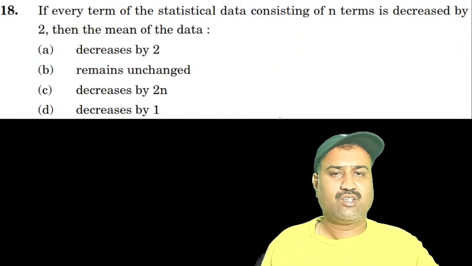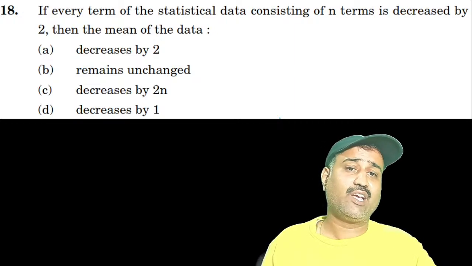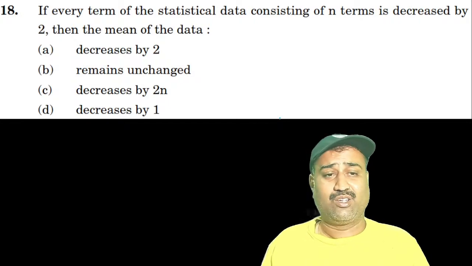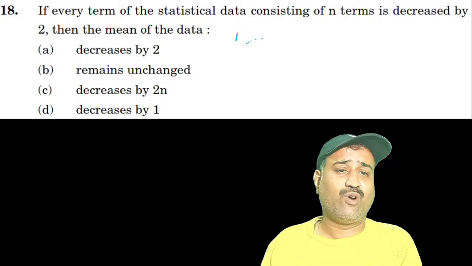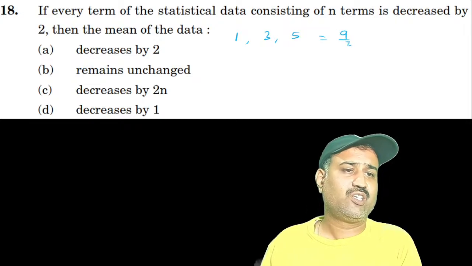Next question. If every term of a statistical data consisting of n terms is decreased by 2, then the mean of the data is also decreased by 2, right? You might be thinking why. For example, take some data here: 1, 3, 5. What is the mean here? The mean is 1 plus 3 plus 5, which is 9, divided by 3, equal to 3.